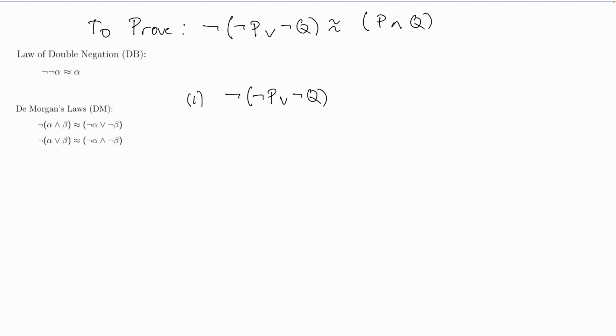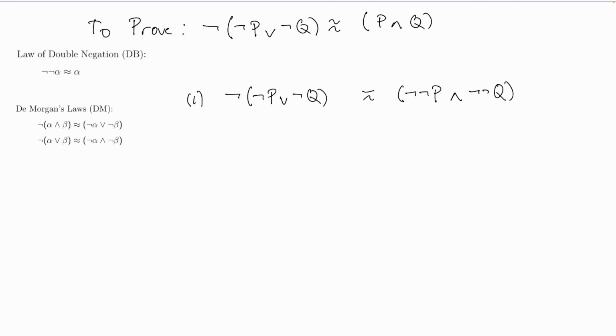Now, one of De Morgan's laws tells me that negating a disjunction is the same as negating both disjuncts and conjoining them. So that law tells me that not (not P or not Q) is equivalent to the conjunction of not not P, the negation of the first disjunct, and not not Q, the negation of the second disjunct.